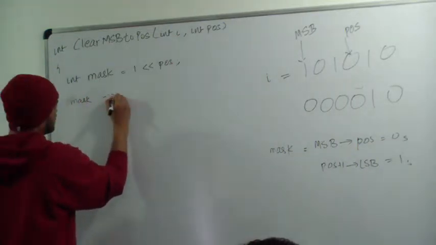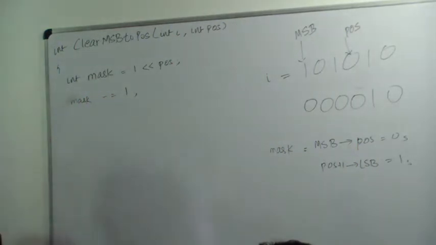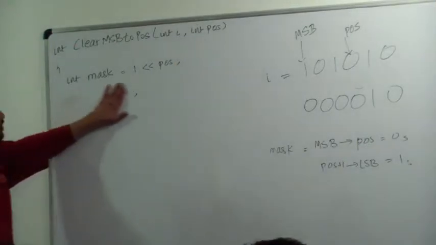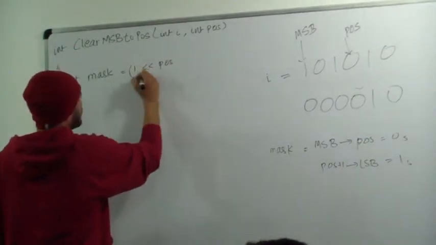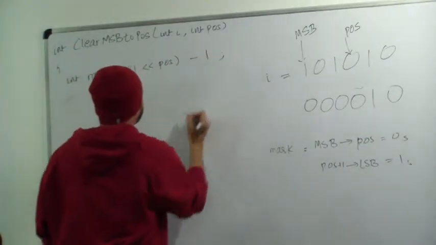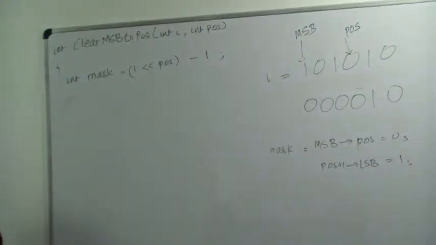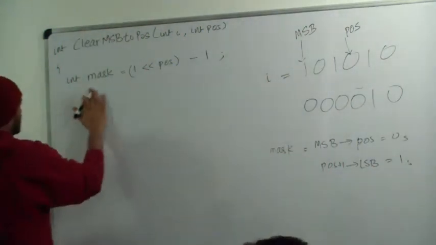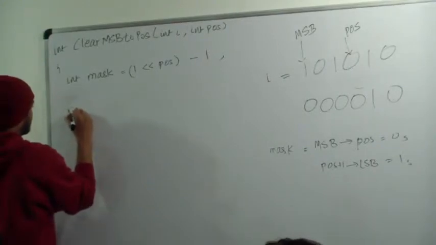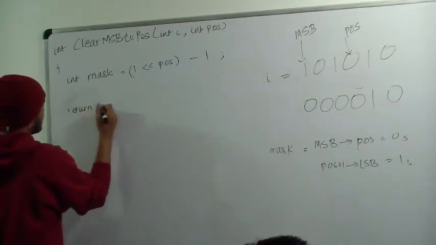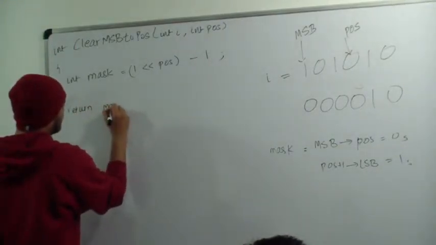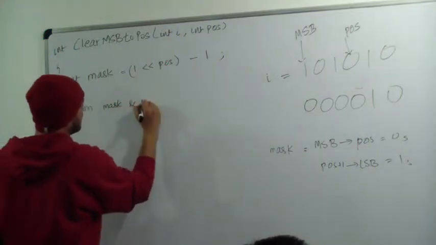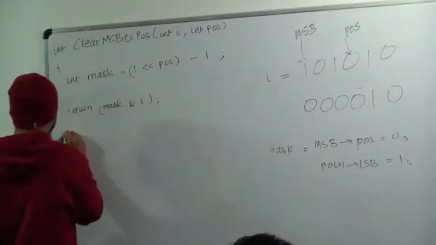Mask 1 is equal to 1, or let's keep it simple. Correct? Then at this point in time you will just return mask and check.